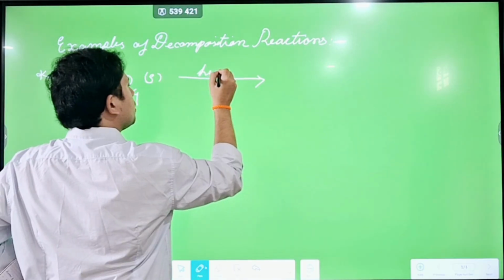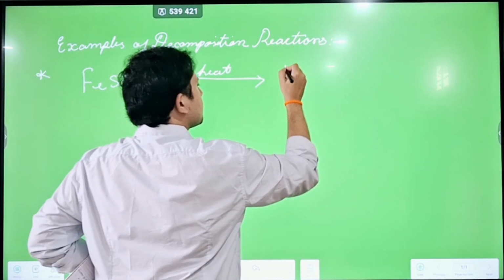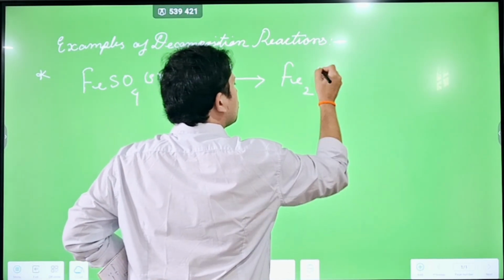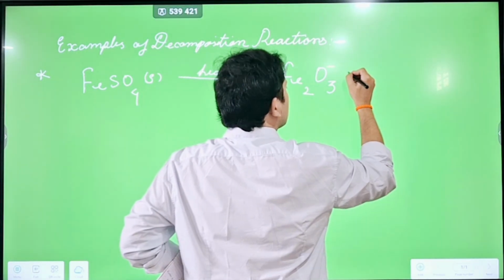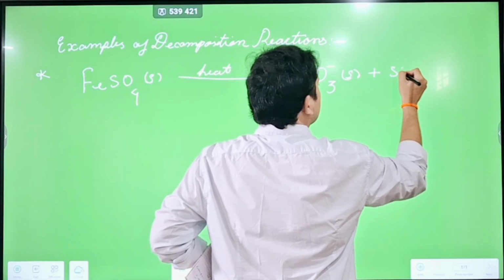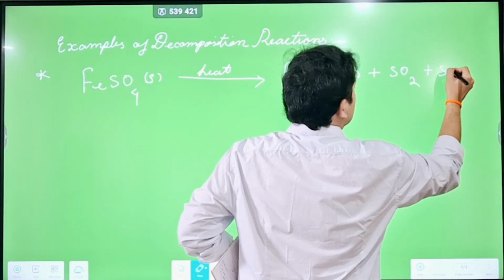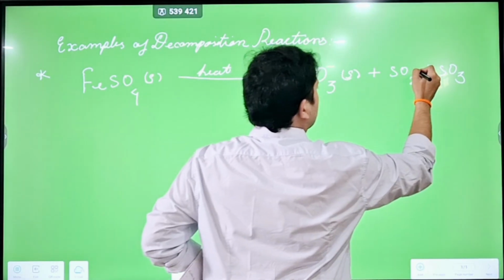This reaction goes something like this: FeSO4 gives Fe2O3, sulfur dioxide plus sulfur trioxide.